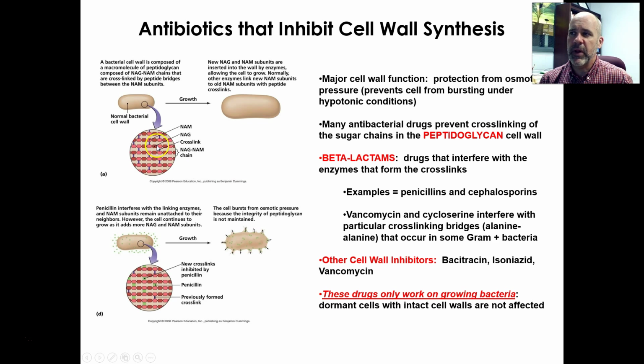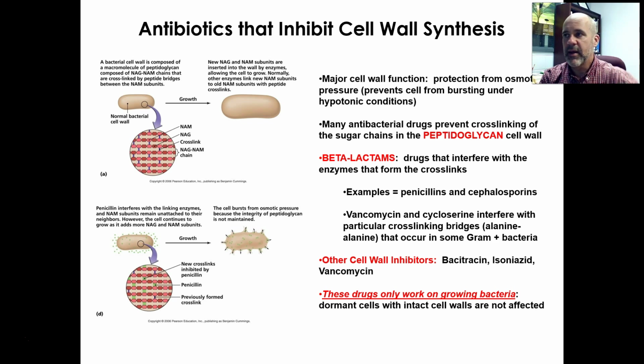So if you guys remember, peptidoglycan consists of repeating sugars named NAM and NAG. You've got these NAM-NAG sugar strips they're showing here. And then they're held together through little chains of amino acids, little peptides. Those are cross-links. So they cross-link those sugar strips this way and then also this way.